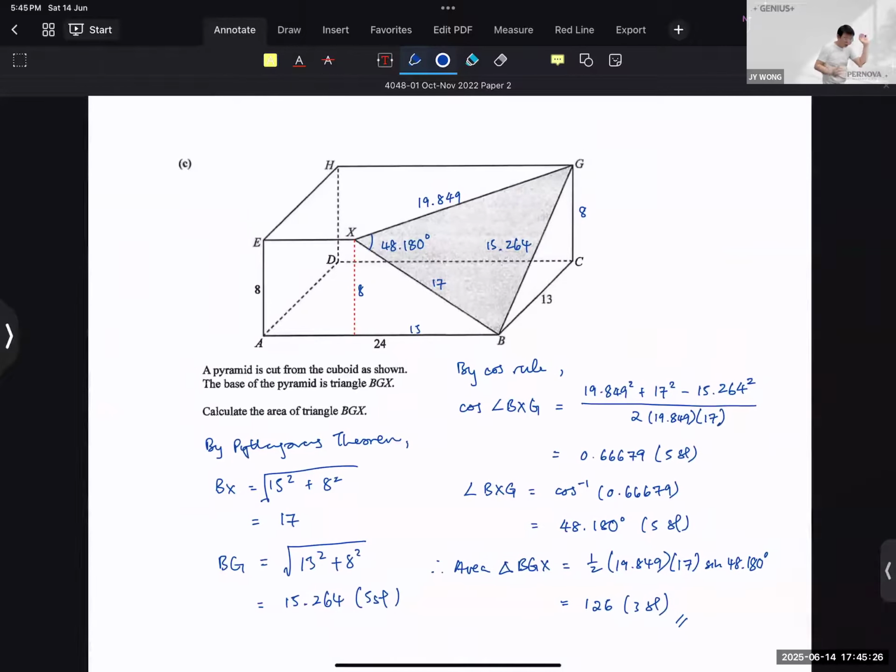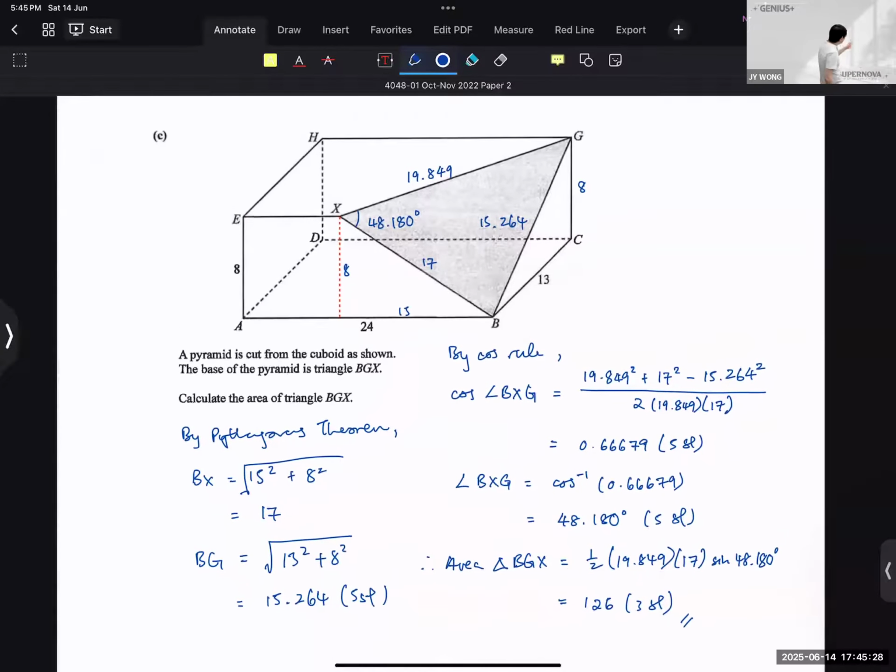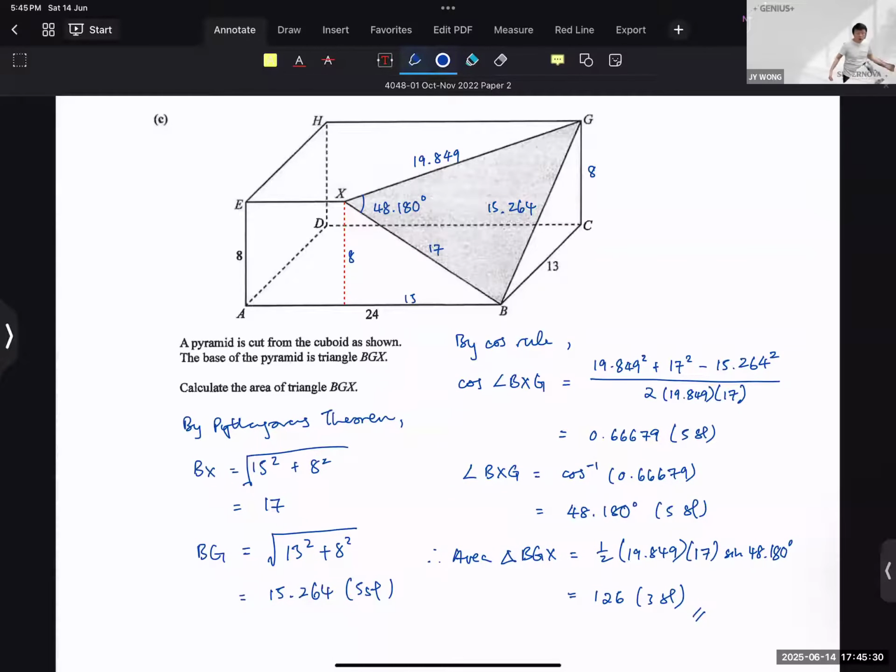So is it very difficult? No. Pythagoras to find the length, cosine rule to find one angle, and then half AB sine C. That's why the question is 5 marks. The application of cosine rule to find the angle, generally speaking, is 3 marks. So the half AB sine C, I guess, is 1 method mark and then 1 answer mark.